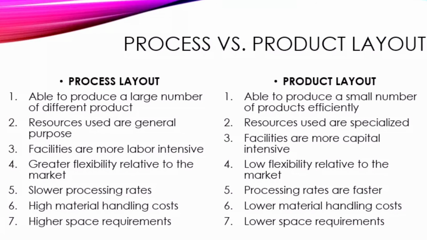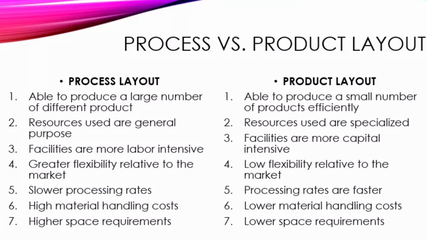Number 4, in process layout, greater flexibility relative to the market, while in the product layout, it is low flexibility relative to the market. Next, number 5, slower processing rates sa process layout, while sa product layout naman, yung processing rates are faster.